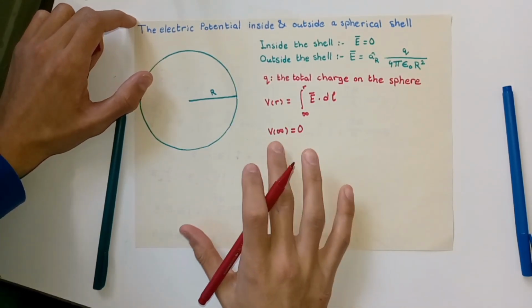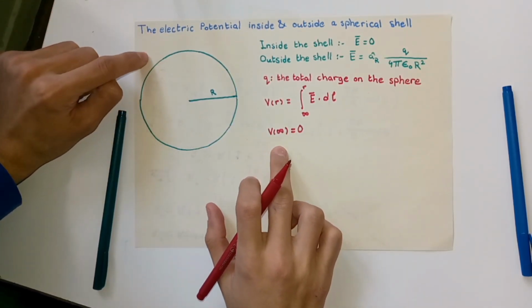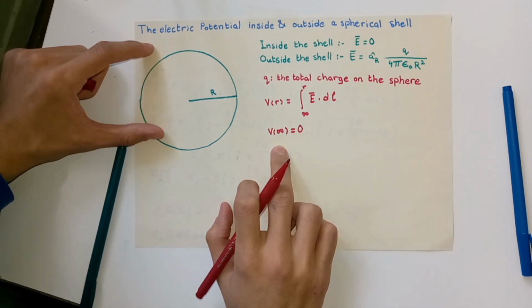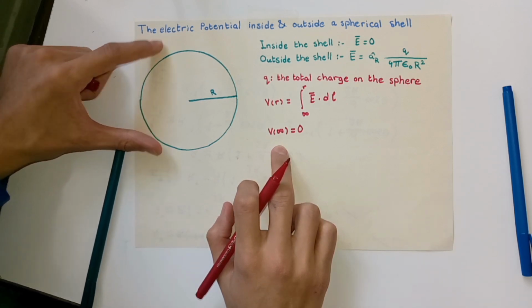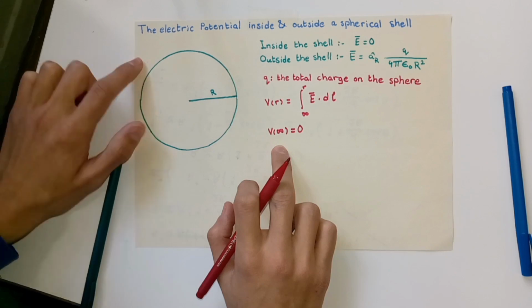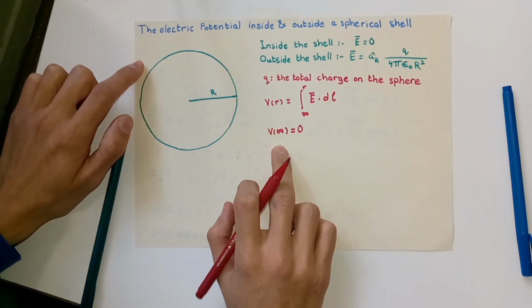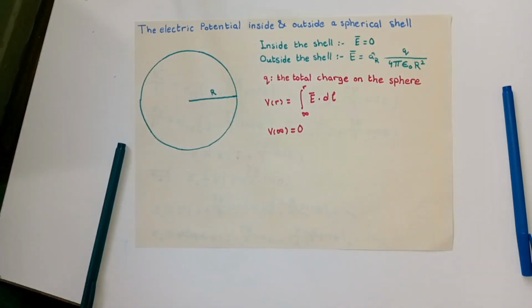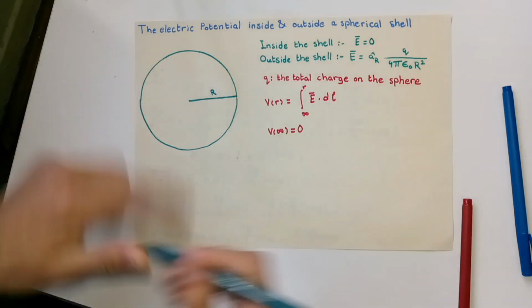Okay, now we will apply this formula to our case. Firstly, we will start by finding the electric potential outside the shell, and then finding the electric potential inside this shell.